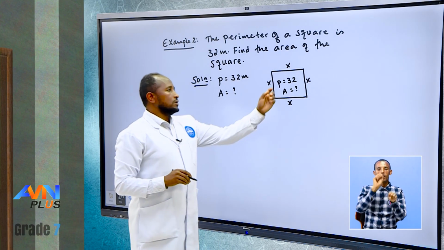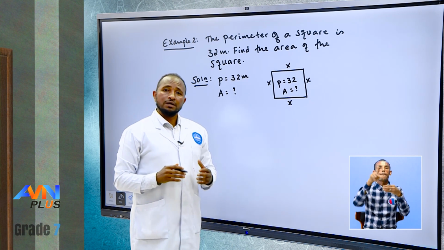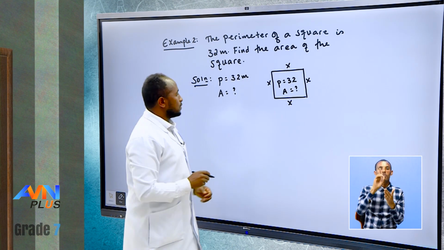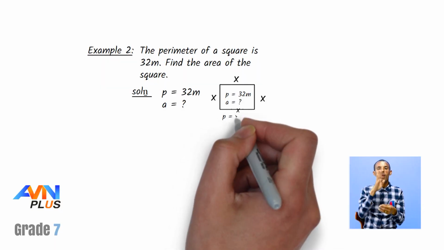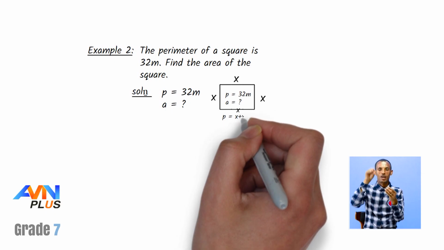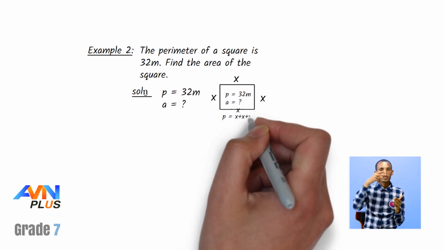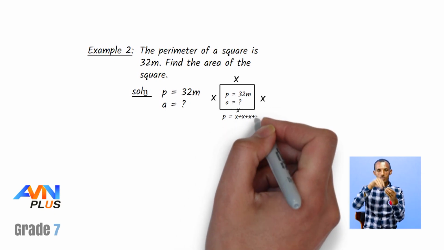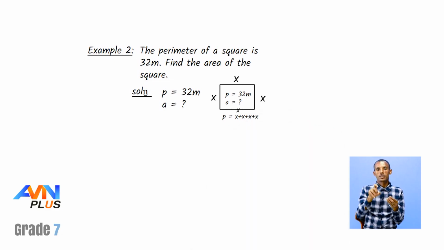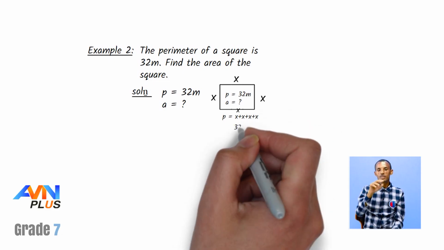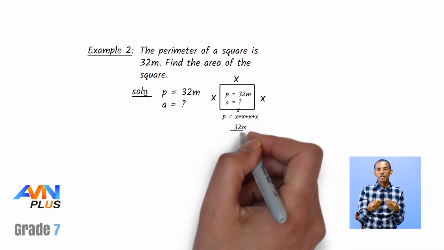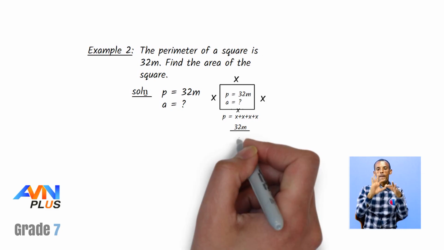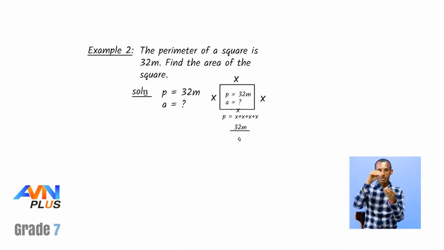So using the perimeter, we can develop an equation. Here, the perimeter will be equal to the sum of all the sides of the square. So x plus x plus x plus x, 1, 2, 3, 4x. Therefore, the perimeter is given. It is 32 meter.